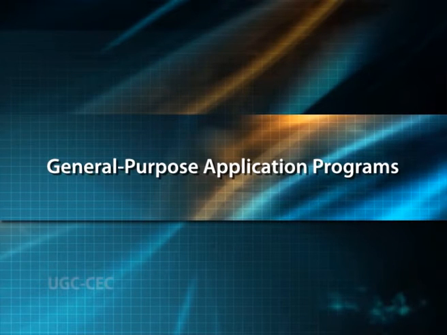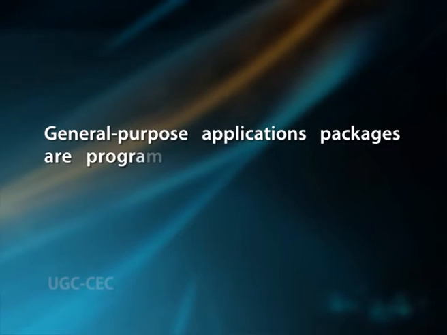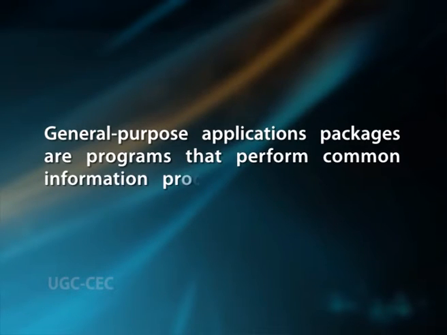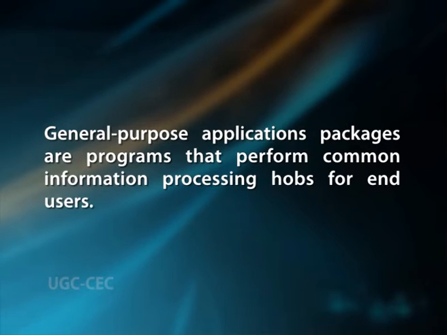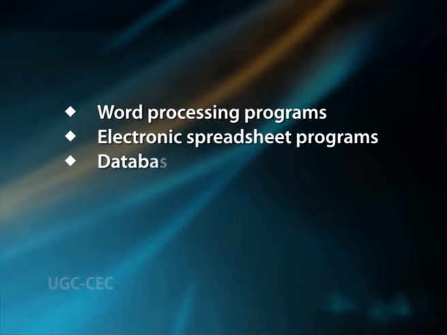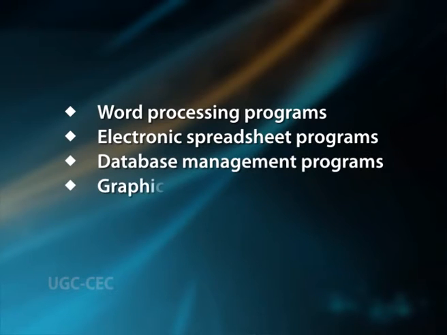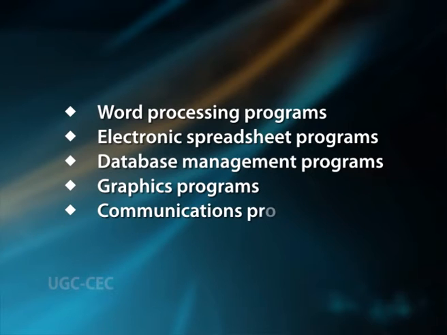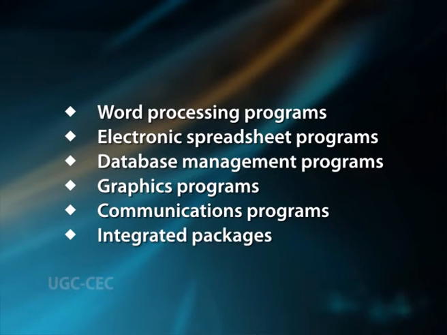General purpose application programs. General purpose application packages are programs that perform common information processing jobs for end users. For example, word processing programs, electronic spreadsheet programs, database management programs, graphics programs, communication programs, and integrated packages are popular with microcomputer users for home, education, business, scientific, and many other general purposes.